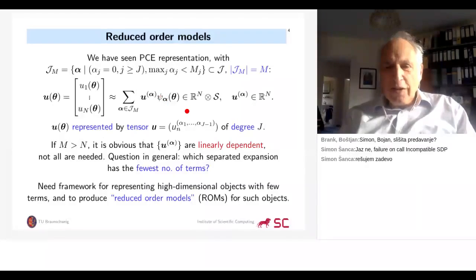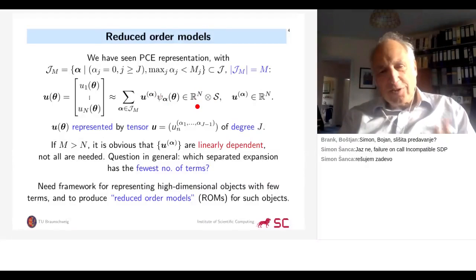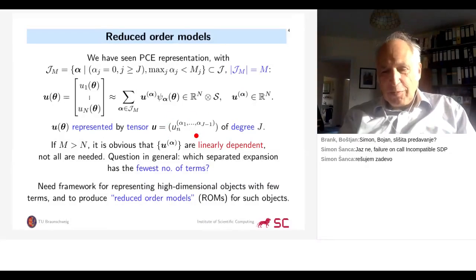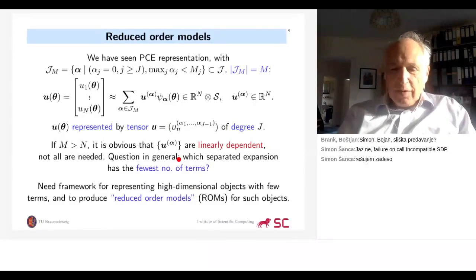Formally, this means that this object is in a tensor product space. This tensor will come in a later lecture. This tensor view allows us to reduce the amount of information you have to work with. This will especially become true when we look at this big tensor of degree j, but that is going to be in one of the last lectures.